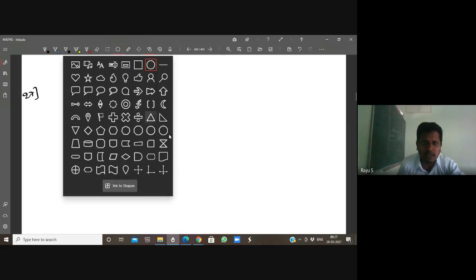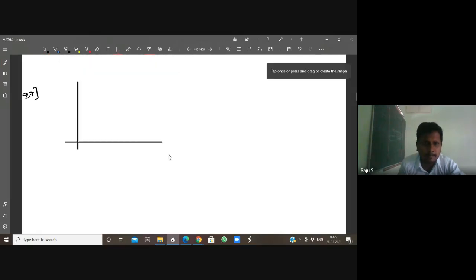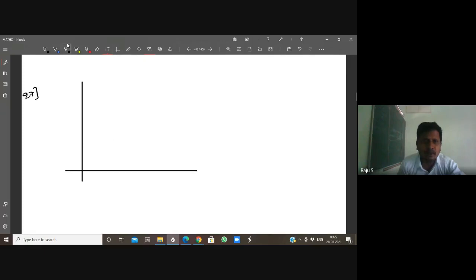Let us take the point as (2, 3) first. Taking x value as 2, y value as 3. So this point becomes (2, 3). This point is clearly (2, 3). Am I right?